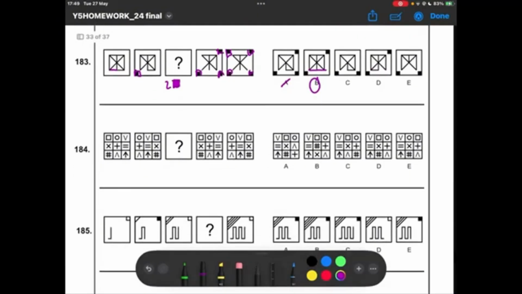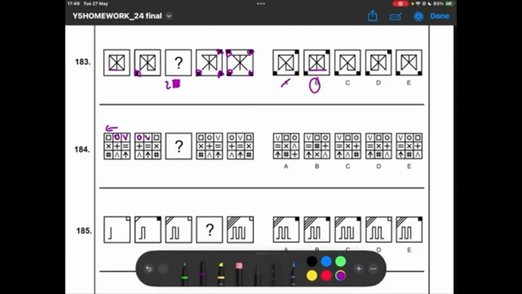Next question. So here the shapes are moving one box that way each time. So the circle was here, now it's here.